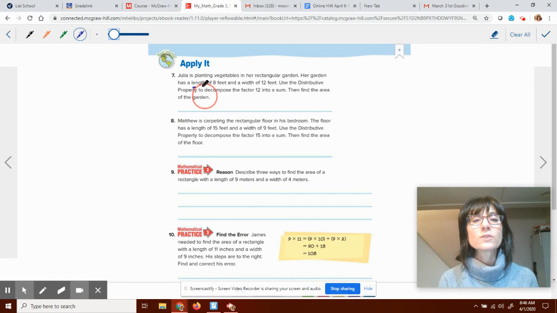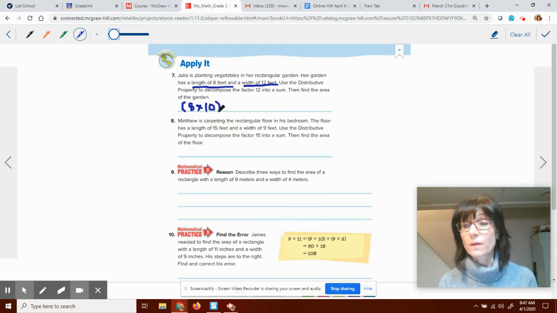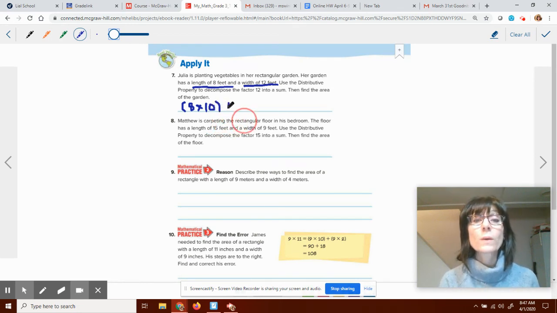I know all my information here, my length of 8. I have a width of 12. Go ahead, show me then 8. And I'm going to split the 12 up into, of course, 10 and 2, because they've done this so often. And I'm going to set this whole problem up for you. You could do it yourself, I'm sure of it. But just so you know what I'd like to see.